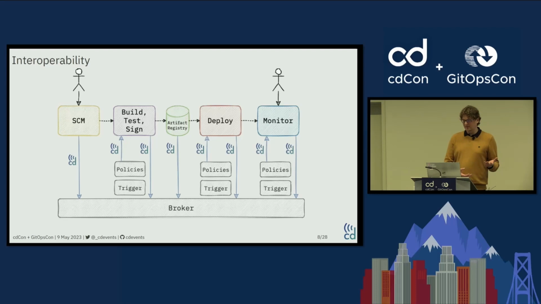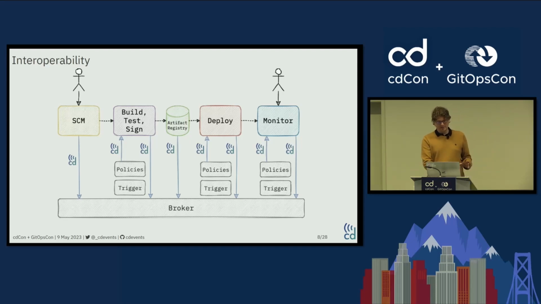Your build system will say there was a build started, or a build finished successfully or unsuccessfully. They can do that all using a consistent shared language, which is CDEvents, and they can all send these messages to a broker. Then you can have components that apply certain policies to these events and allow you to trigger the next step in your workflow.